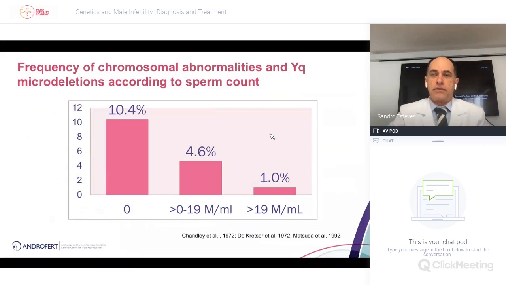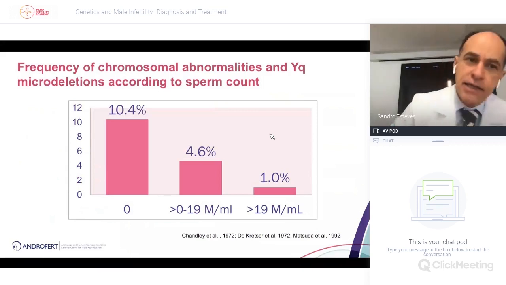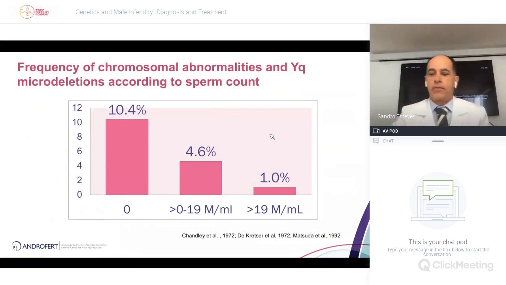We won't be able to find a Klinefelter syndrome patient having more than 5 million sperm per ml. So the lower the sperm count, approaching 0 in azoospermia, the higher the frequency of chromosomal abnormalities and Y chromosome microdeletions. So when to investigate? Well, it's like the tip of the iceberg.